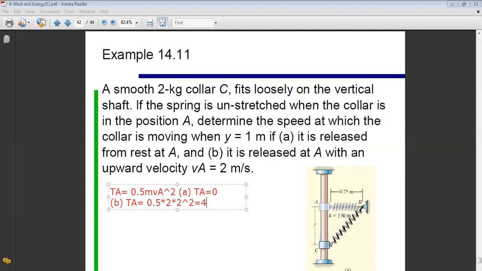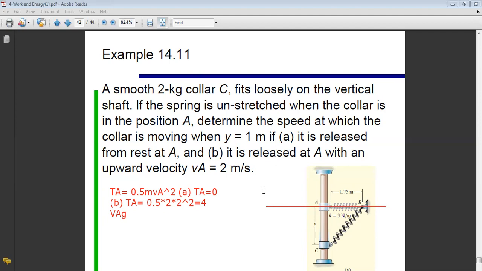Now, the second term to find is the gravitational potential energy at A. Whenever you need to define potential energy, you need to take a reference, a datum line. Here the best option is to take the initial position as reference, because this will simplify the calculation. Then at this level the potential energy is 0.